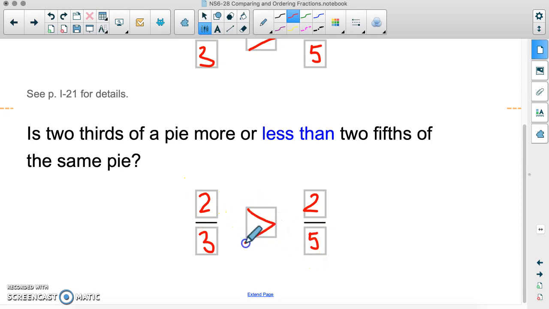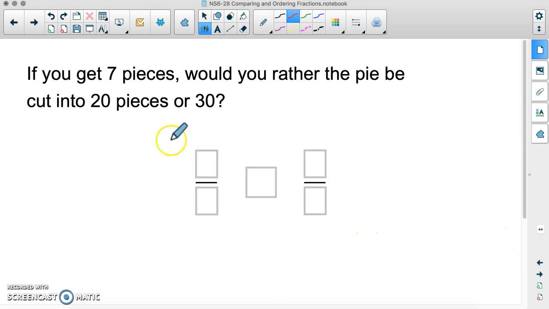This one's obviously going to be larger again. Now, if you get 7 pieces, would you rather the pie be cut into 20 or 30 pieces? So if you have 7/20, or you have 7/30, you would rather the pie only be cut into 20 pieces because then you're going to get bigger pieces of pie.